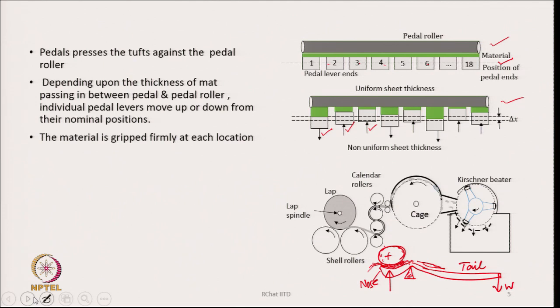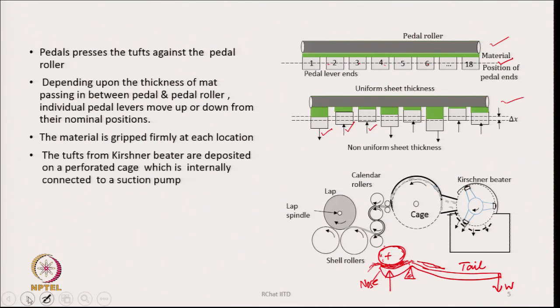Otherwise, if there is a variation in thickness in the material being fed across the width of the machine, and if we have a single plate, I think we have discussed it earlier, then the thicker portion will be gripped much more firmly than the thinner portion. But if we have a set of pedals, then this can be avoided. This was discussed earlier also.